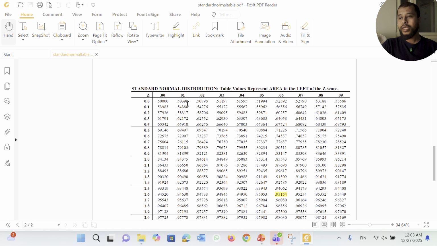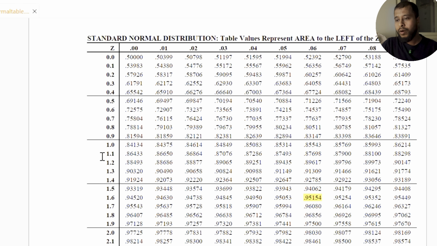Now this table over here is called the standard normal distribution table. Here we can look up the probability by z value. As z is 1.66, down here 1.6 and over here 0.6, so we would sum this one with this. 1.6 plus 0.06 is 1.66.